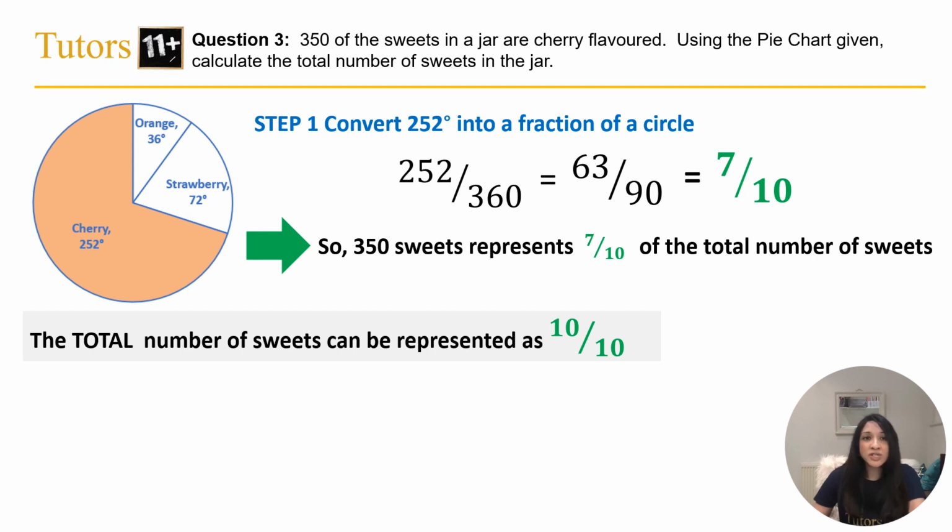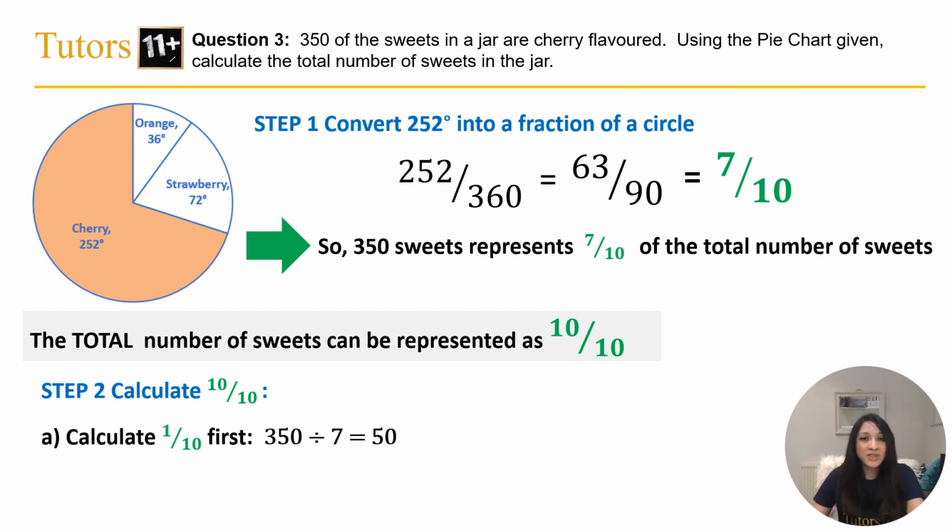So moving on to step 2. To calculate 10/10, the first thing we need to do is calculate 1/10. 1/10 then is simply 350 divided by 7.